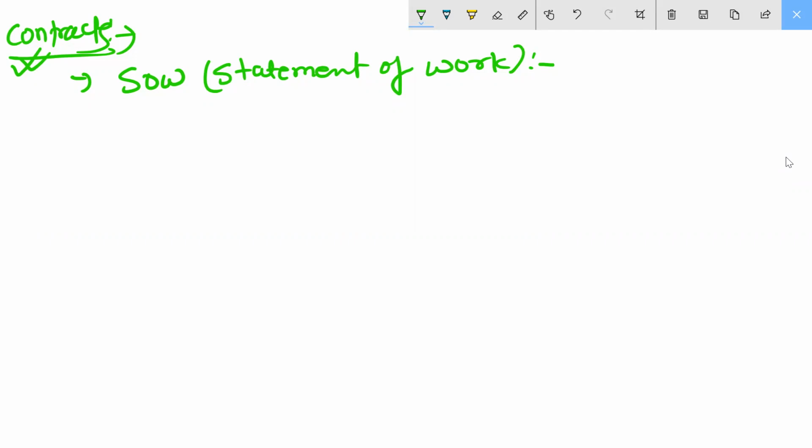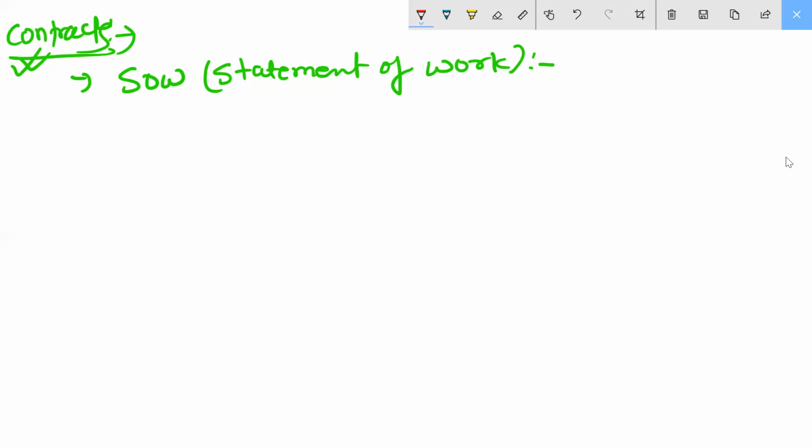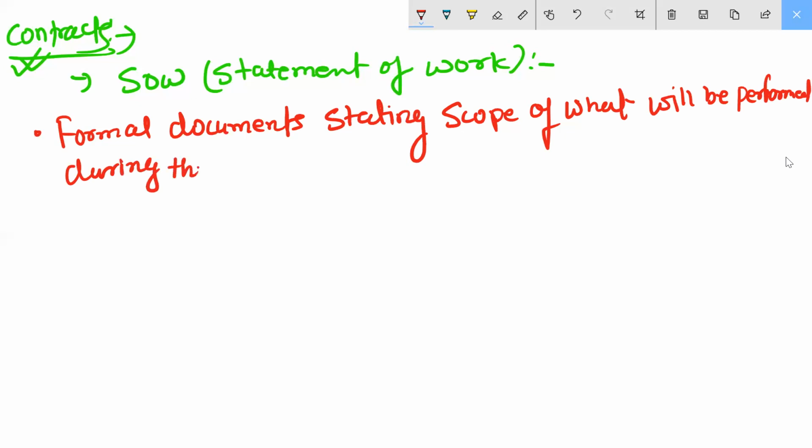So what is telling you in the SOW? It is important. The SOW is a formal document stating the scope of what will be performed during the penetration testing, the pen test.